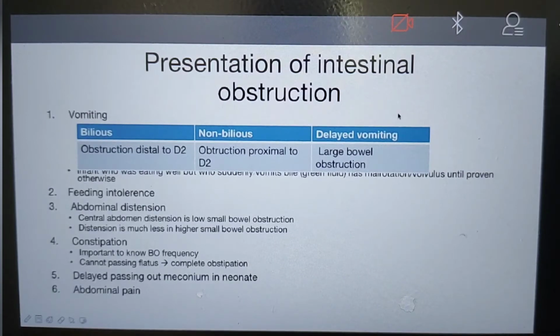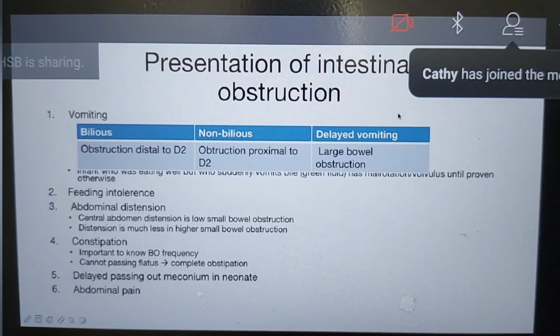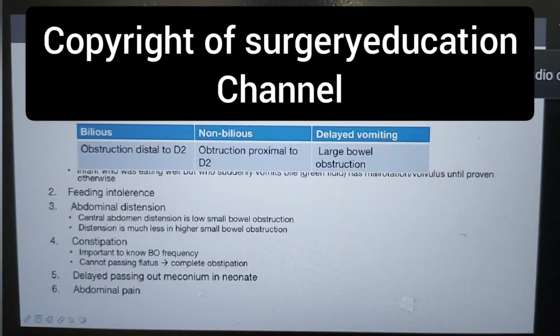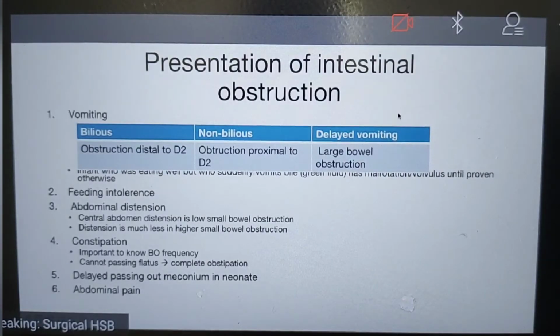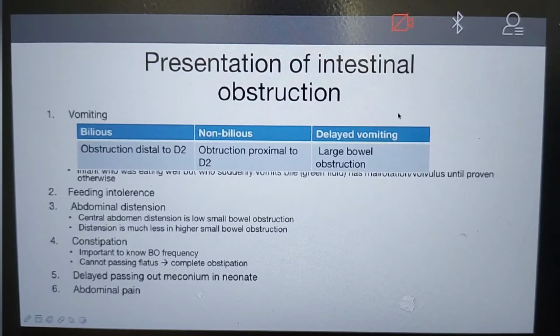If an infant who was eating well suddenly vomits bile, we must suspect volvulus or malrotation until proven otherwise. So the first presentation is vomiting, and we must be alert if it is bilious.